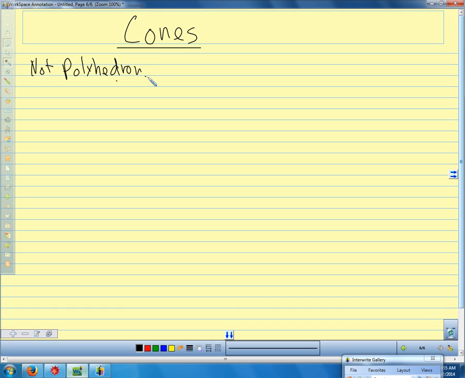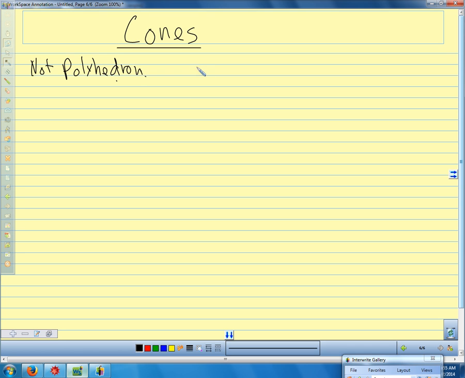Why are cones not polyhedrons? What's the base of a cone? Circle. What are polyhedrons made of? Polygons. A circle isn't a polygon. So a cone is not a polyhedron.